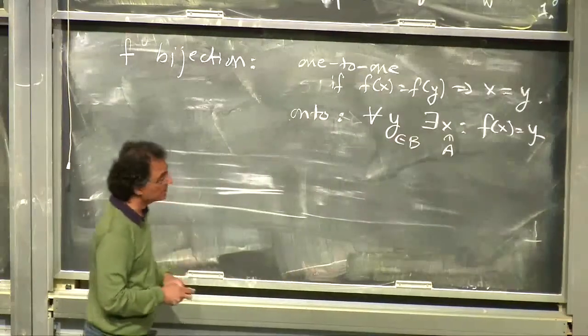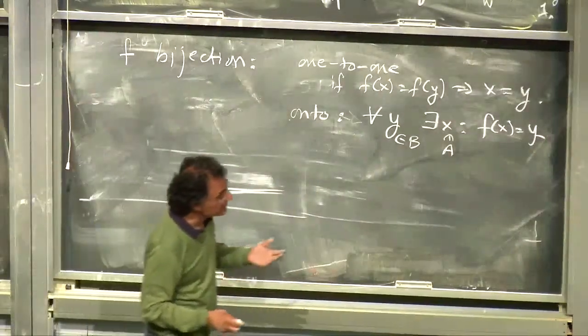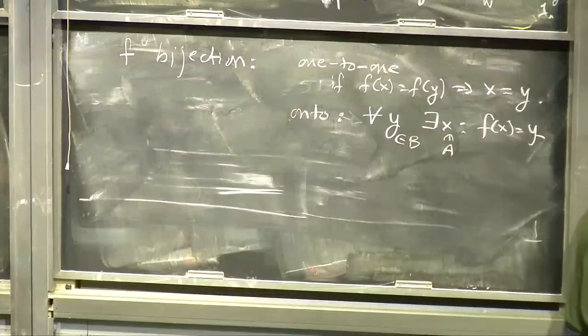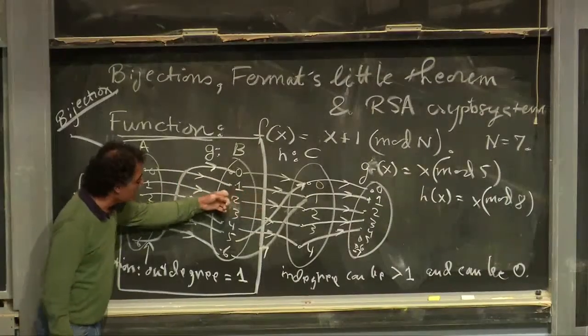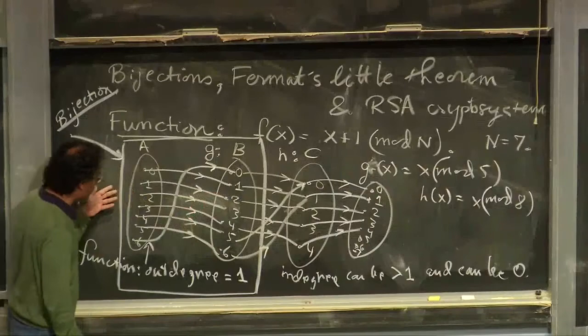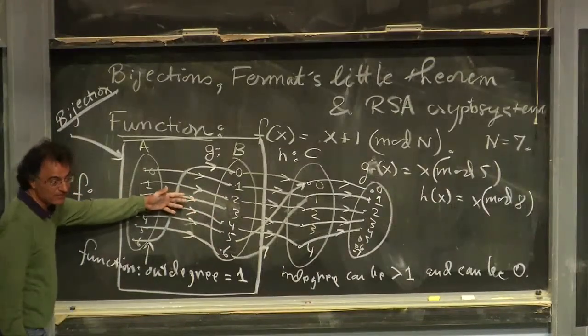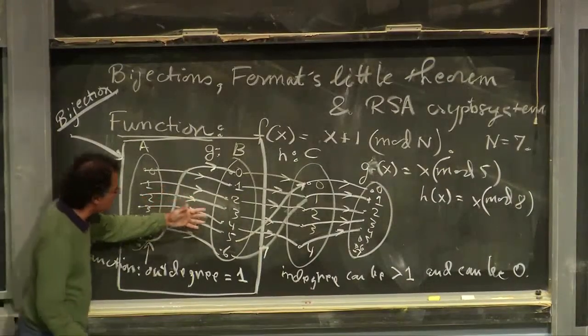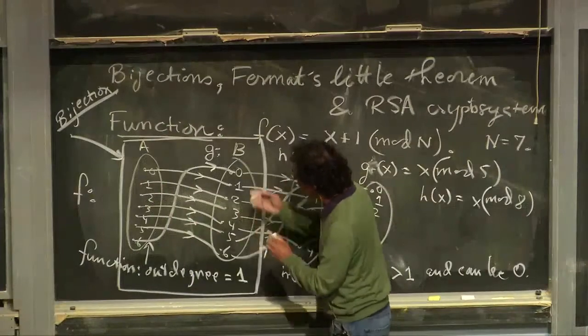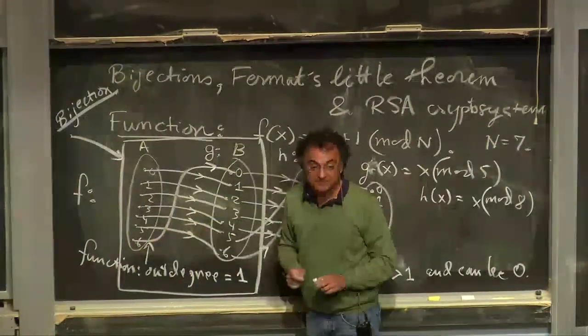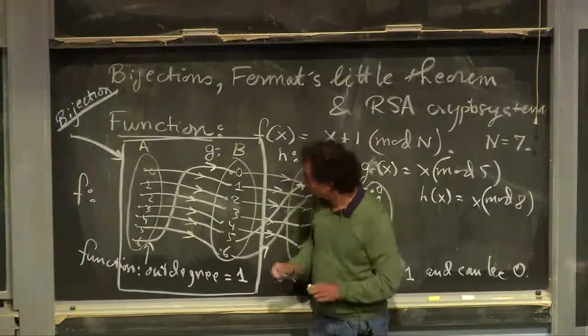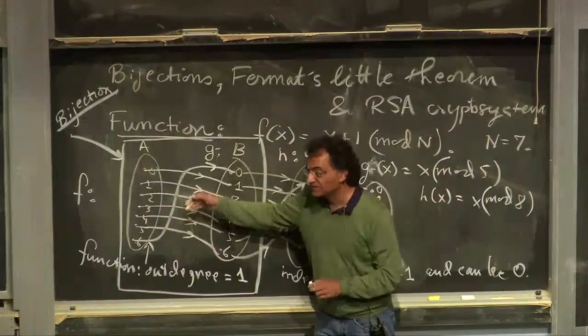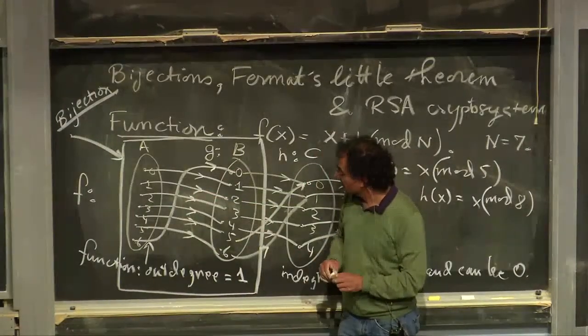Now, something that you can see here is if it's a bijection, then if you're looking at the function like this, the other thing you can do is you can also look at it from this side and you can say, well, this is being mapped back to that. Right? You can look at the function either forwards or backwards. Okay?